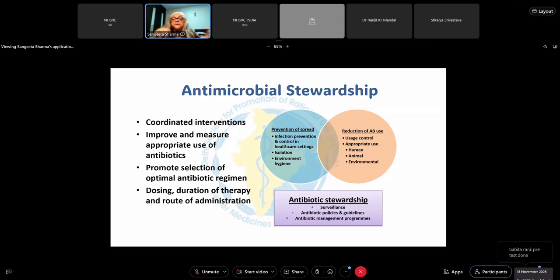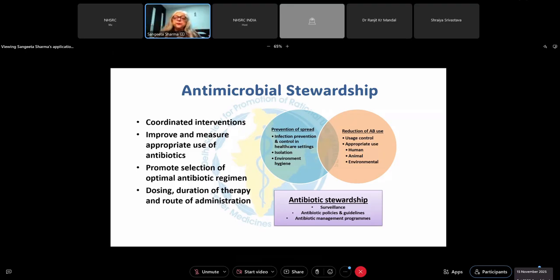Similarly, stewardship requires that we get different types of patients in our settings. Some are very sick, and we need to foresee what different types of patients we are getting, what they are going to get, and what we will do if they don't respond, or their condition deteriorates over time.